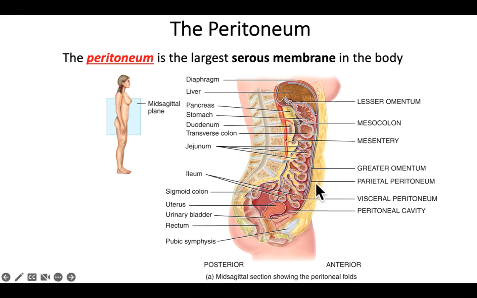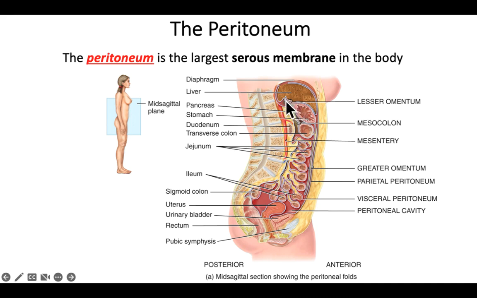So notice there's fat here. This is subcutaneous fat. This is between the skin and your abdominal muscles. But on the inside of the abdominal muscles, you can have this greater omentum that folds down from this transverse colon. There's also a lesser omentum that just kind of holds and attaches the stomach to your liver.